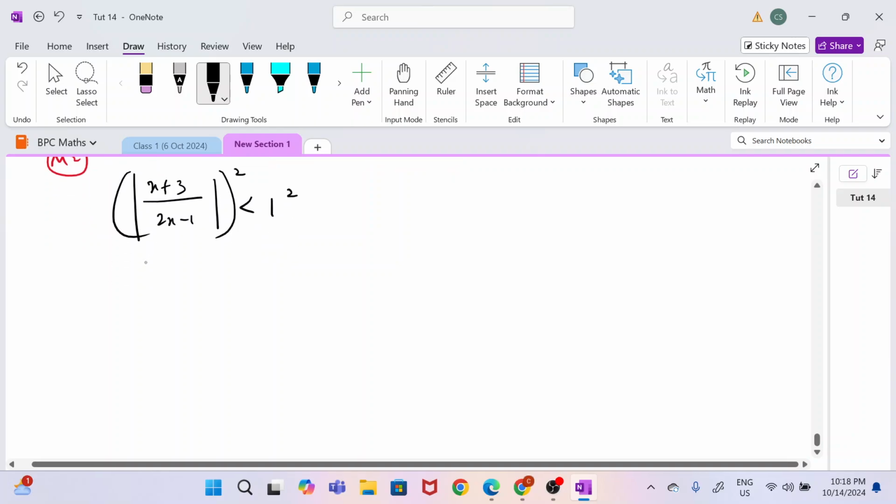I'm going to square both sides. When I square, what I told you, the modulus is gone.